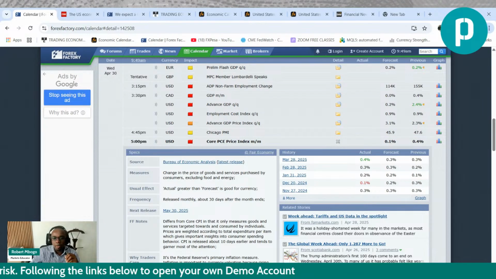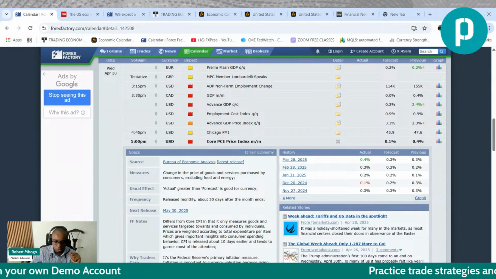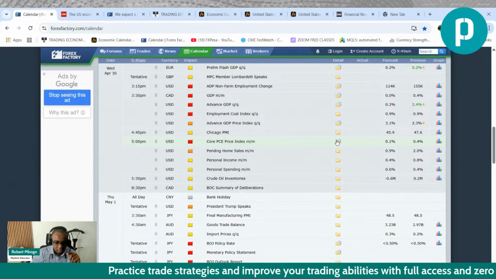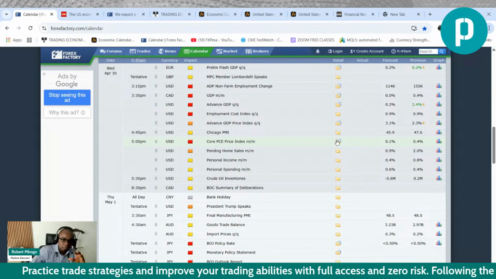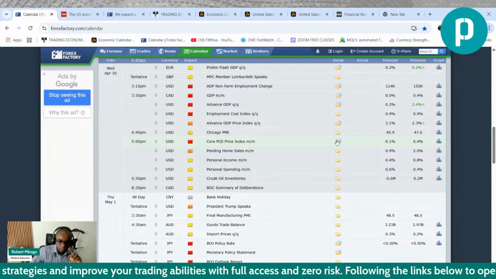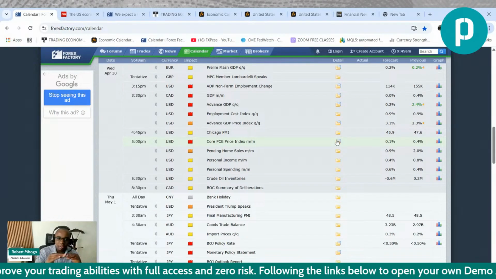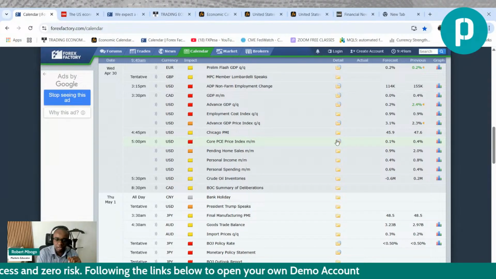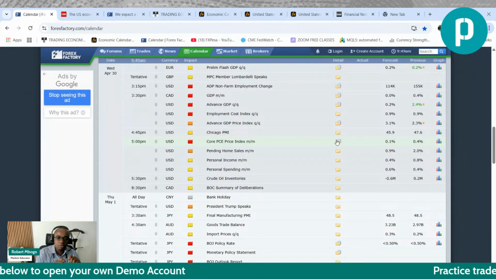So those are some of the fundamental news we'll be expecting to come out, and our work as traders is to have a trading plan around it. Make sure that you've mapped out your areas of support, resistance, supply, demand, whichever strategy it is that you use. Map out those areas and wait for those news to react.